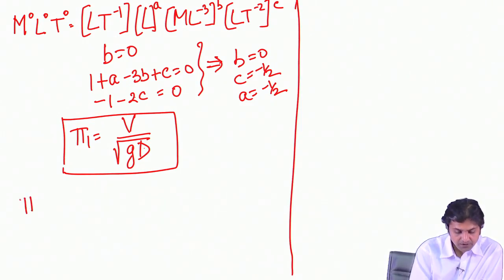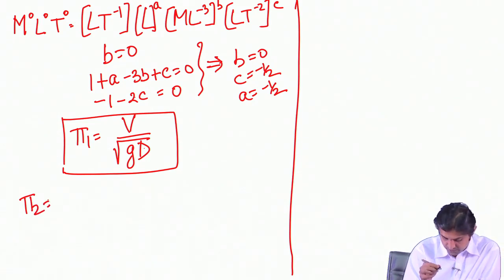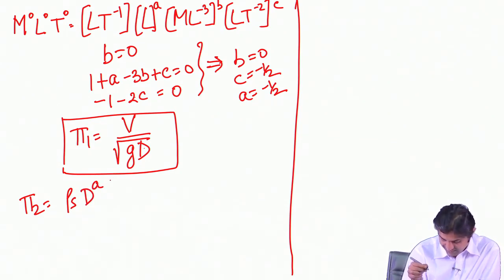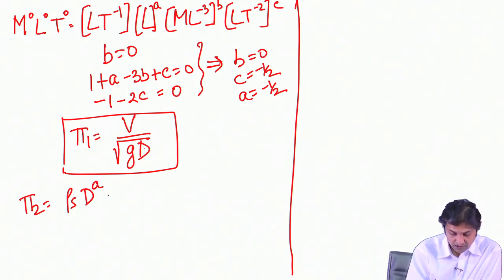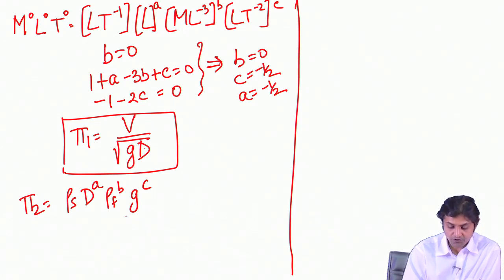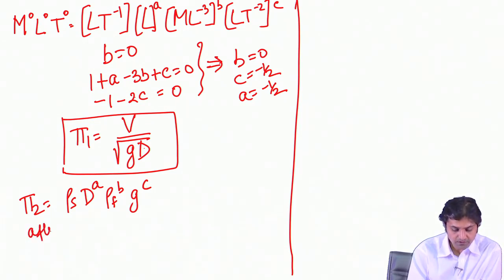The second pi 2 will be the second non-repeating variable, which was rho s, and similarly the repeating variables will remain the same: d to the power a, rho f to the power b and g to the power c. So, if we solve, you should do this.